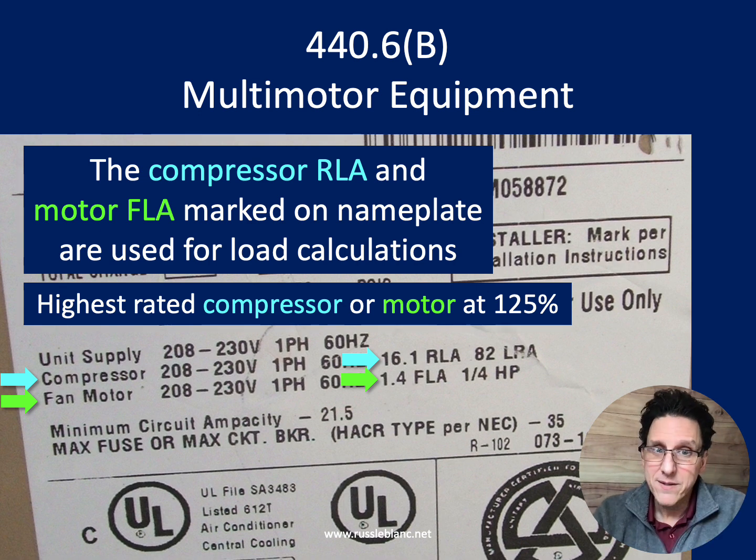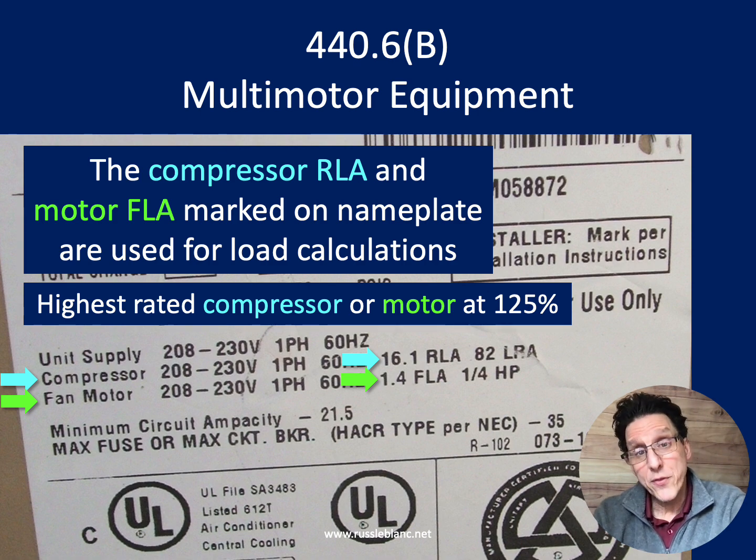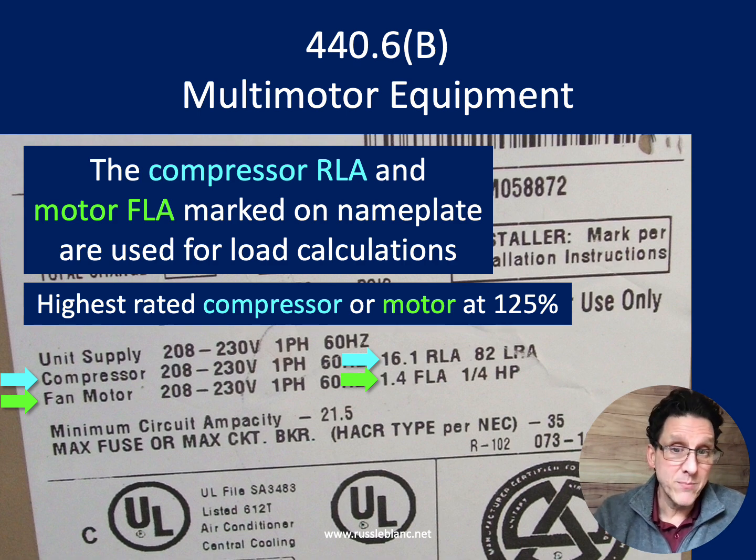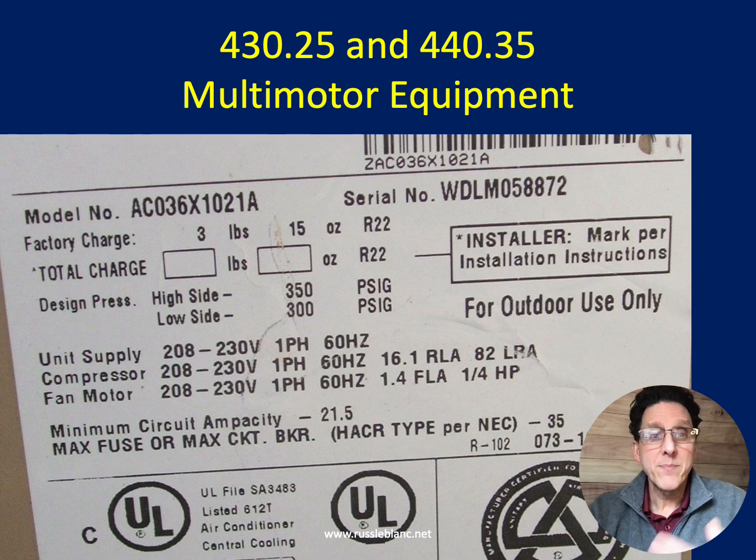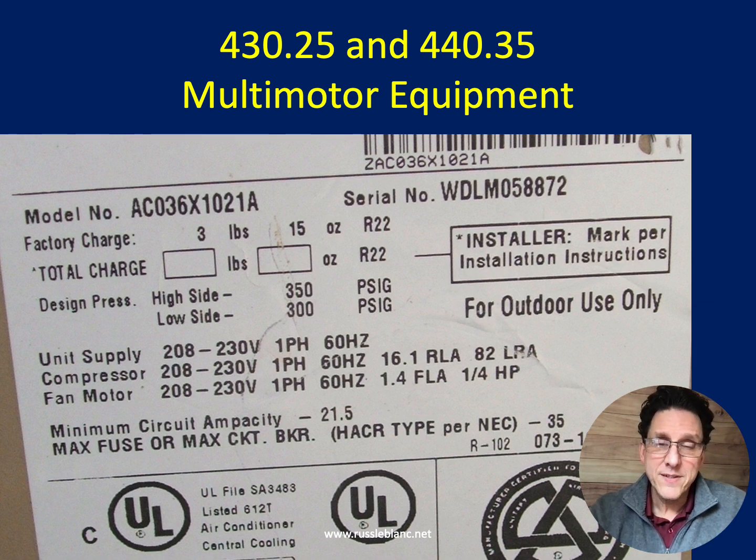I'm going to show you a cool trick, though, right? And I'll be honest with you, I don't know why we're not referenced to 430.25 and 440.35 when it comes to multi-motor equipment, right? Because those sections say when you're sizing conductors, you're supposed to use the minimum circuit ampacity marked on the nameplate.